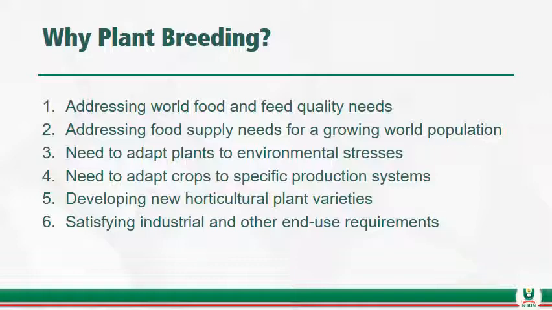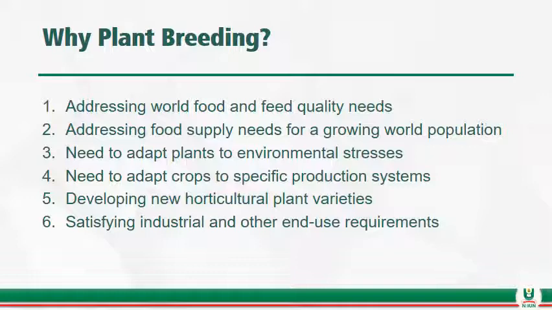You also develop new horticultural plant varieties. Yes, you need a flower with a kind of color that you want. You can breed for it. All you have to do is to manipulate the genes, and then you get your horticultural products, your flowers, your fruits, your vegetables, and you develop new varieties entirely, which are better than the parents.